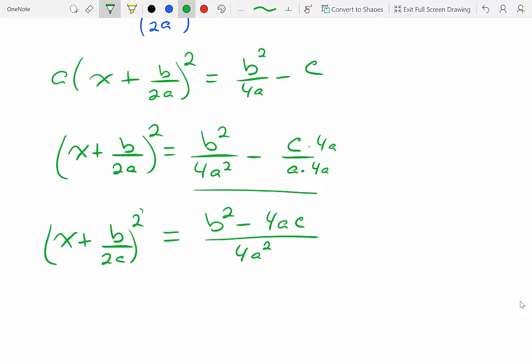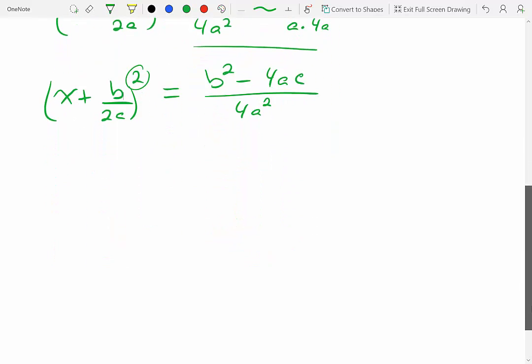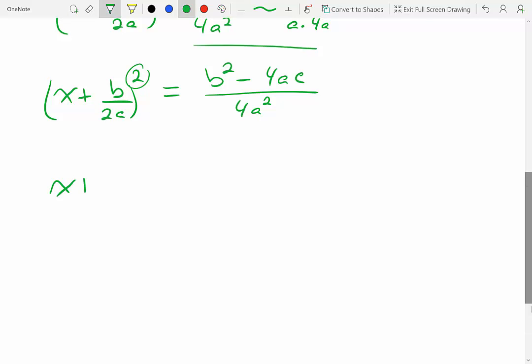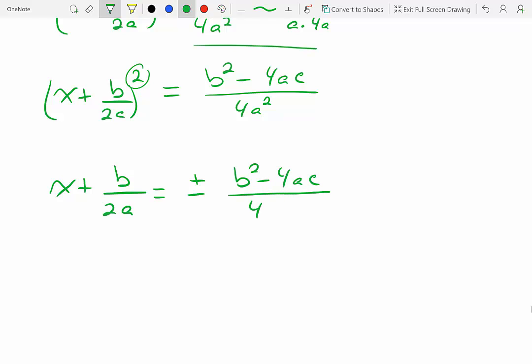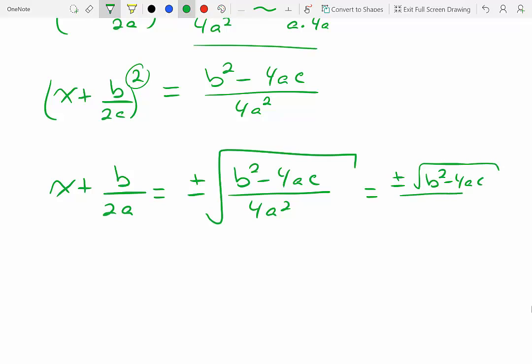Now I want to get rid of that squared, so I will take the square root of both sides of the equation, which will give me x plus b divided by 2a is equal to plus or minus the square root of b squared minus 4ac, all divided by 4a squared. Let me work on the right side here a little bit. I could make that the square root of the top, which is b squared minus 4ac, divided by the square root of the bottom.